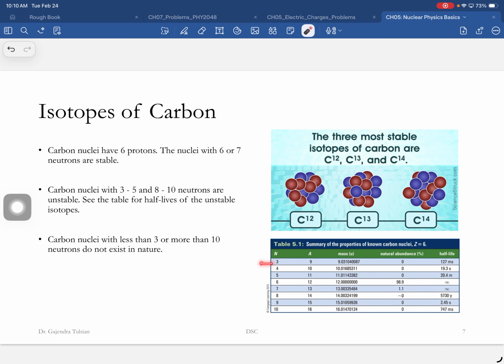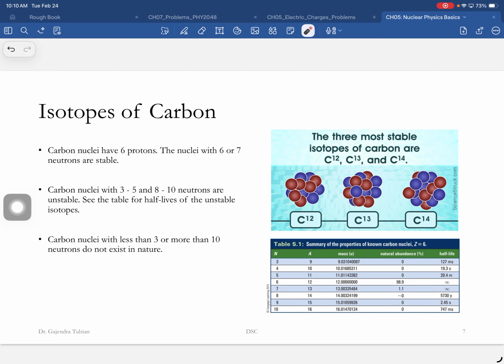There's a carbon-9 with 3 neutrons, and so on, and you see its half-life is 127 milliseconds. If you make this in a lab, within a tenth of a second, it'll decay away. So this tells you the half-life. The only stable isotopes are 12 and 13, and their half-life is infinite.